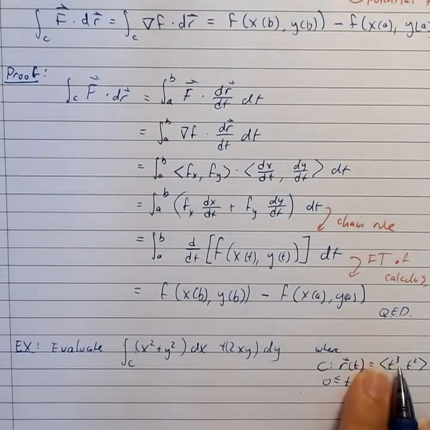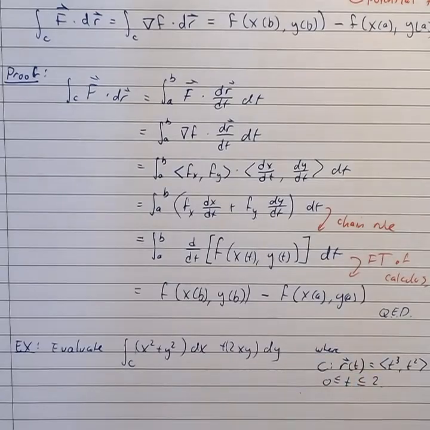If you really want to convince yourself, you can always remove the parameter. x is equal to this, y is equal to that. Y is equal to t squared, so you could write this as square root of y is equal to t. You could write this as cube root of x is equal to t.